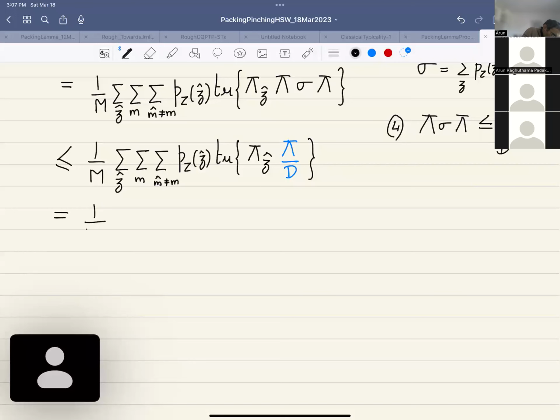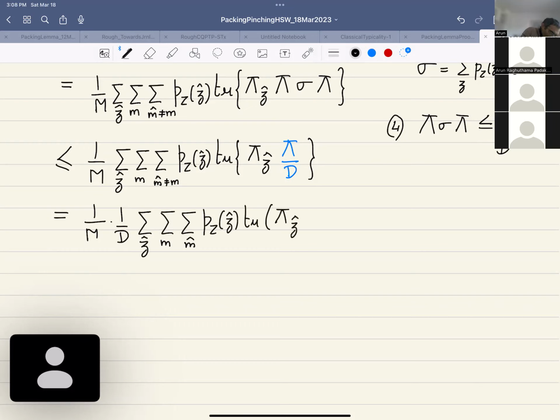So 1 by M times 1 by D, sum over Z hat, M hat not equal to M, PZ of Z hat trace pi Z hat pi.